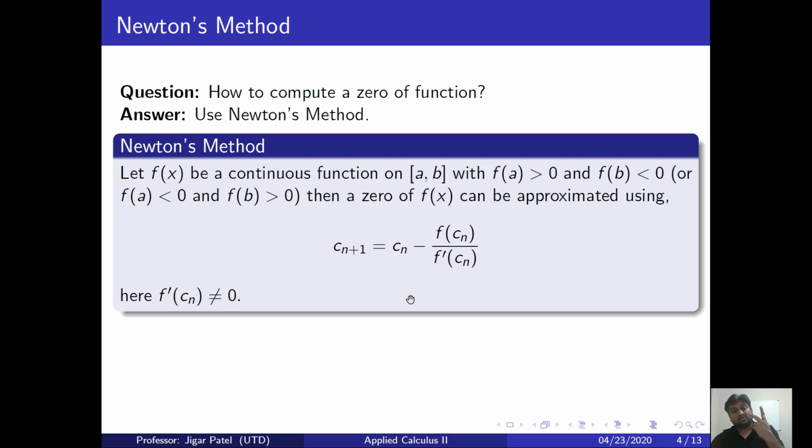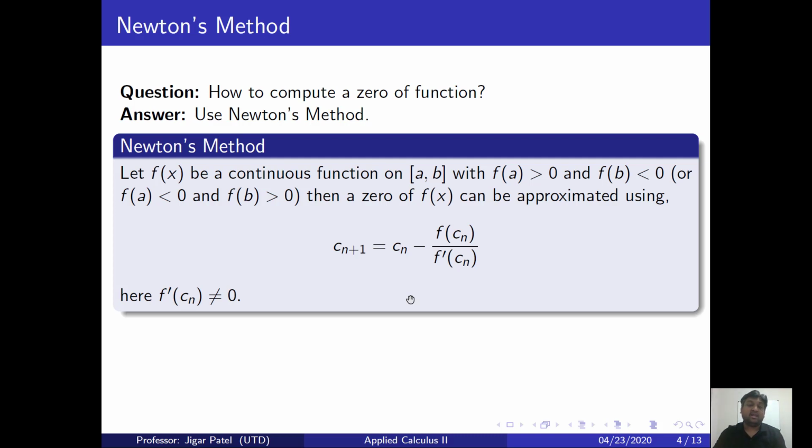Remember, we need two things: continuity of the function and change in sign from a to b. Then the 0 c can be approximated using this formula. c sub n plus 1, the n plus 1th approximation of the actual 0, can be obtained from the nth approximation using this formula: c sub n minus f at c sub n divided by f prime at c sub n.